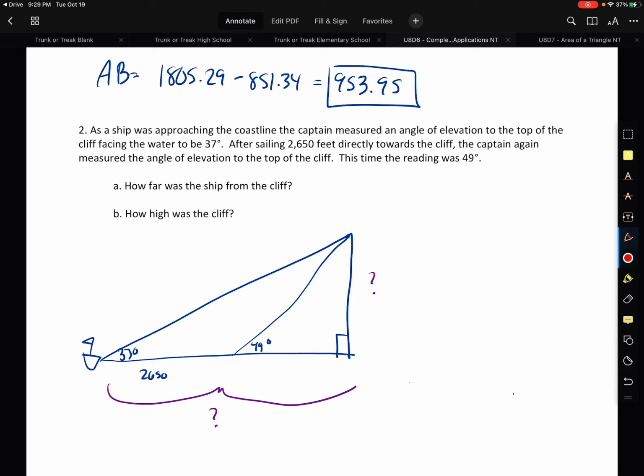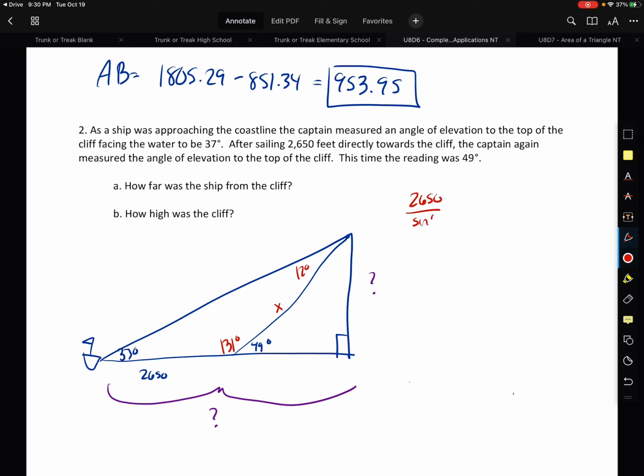It's a two-step process. If this is 49, this is 131 degrees. 180 minus 37 minus 131 leaves us with 12 degrees. I want to solve for this piece. By solving for that on the left triangle, I then have something for the right triangle. So what can I do?